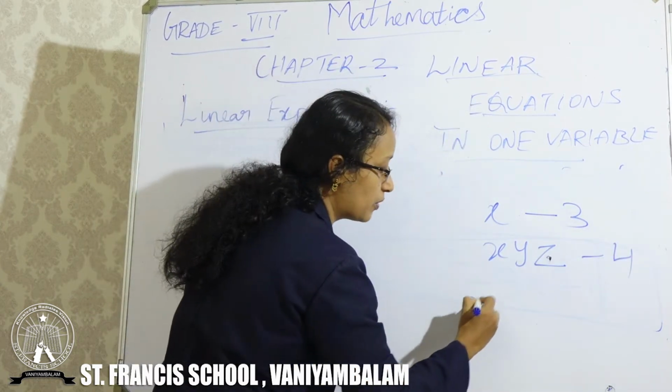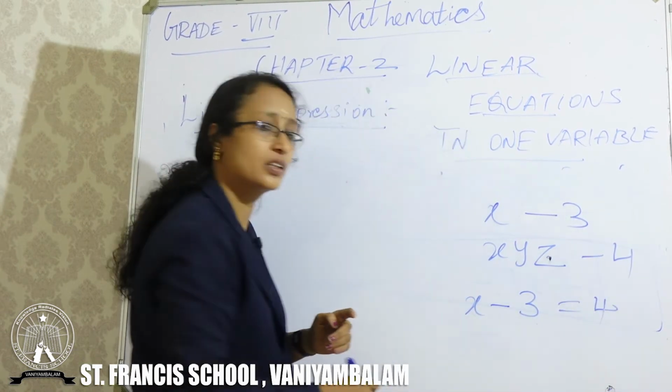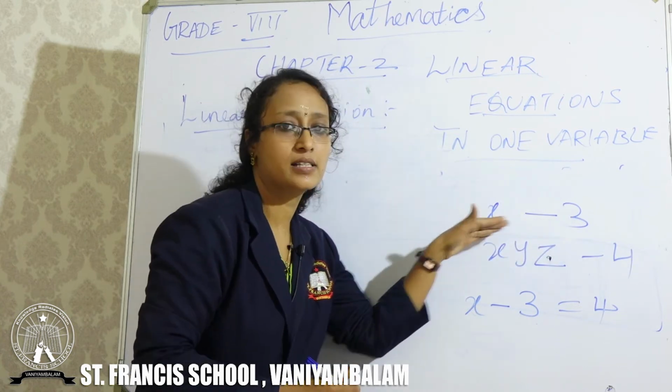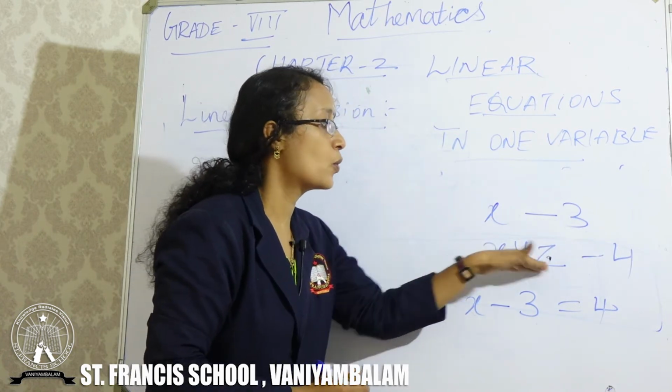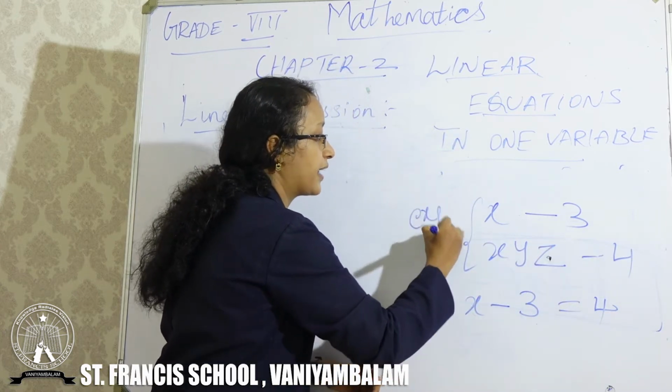What is the difference between expression and equation? x minus 3 is equal to 4. This is an equation. Because in an expression, we call it x minus 3, x, y, z minus 4. This is an expression.